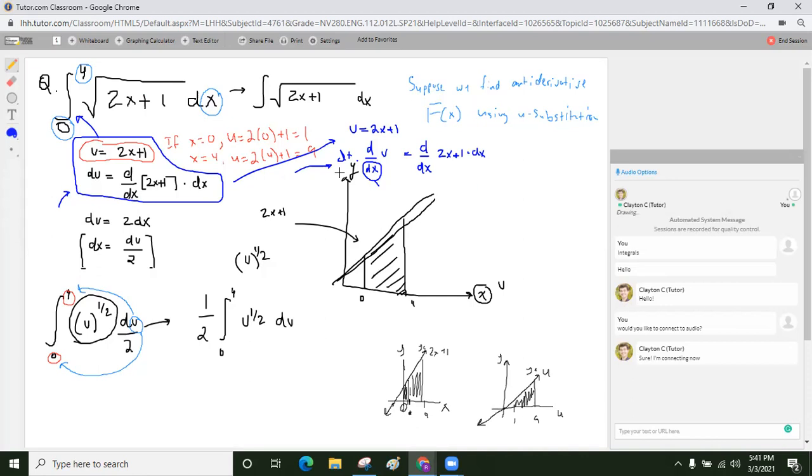So if we start with u equals 2x plus 1, and we take the derivative of both sides with respect to x, then the left side, technically, is the derivative of u with respect to x, which we would write du dx, equals 2.